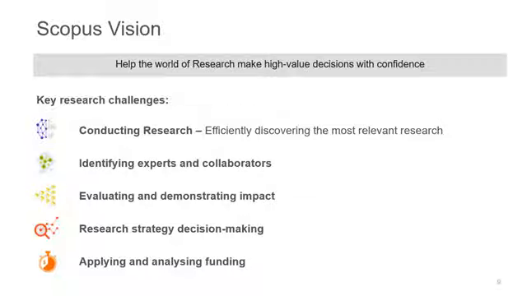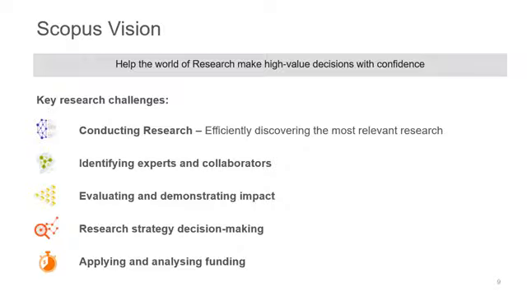So, talking about Scopus vision, we see ourselves helping the world of research make high-quality decisions with confidence. We recognize there are various challenges that Scopus users are facing every day.